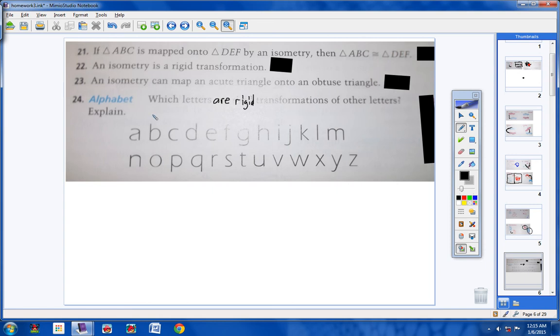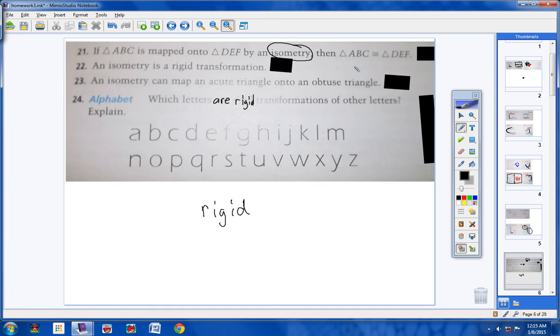Okay, so if ABC is either reflected or rotated or translated to triangle DEF, by what method? By an isometry. That means you have a what, students? A rigid transformation. If that happens, then the two triangles are congruent.